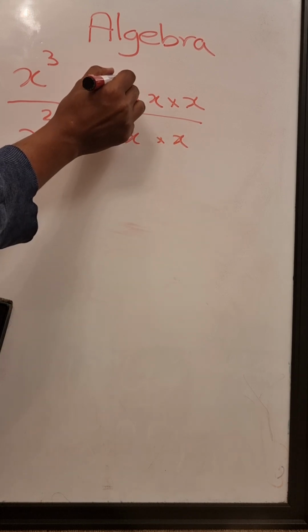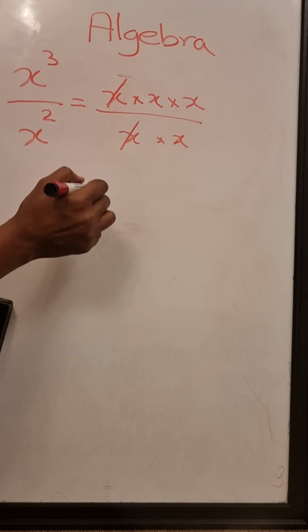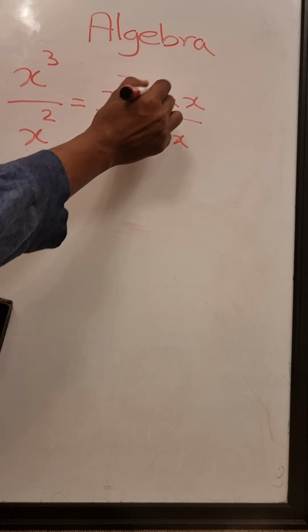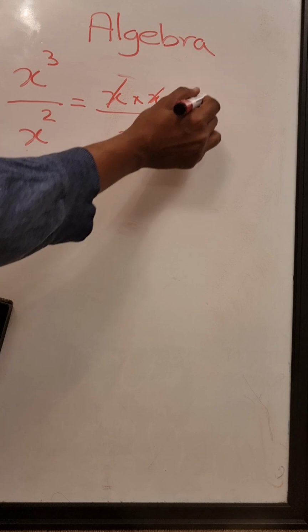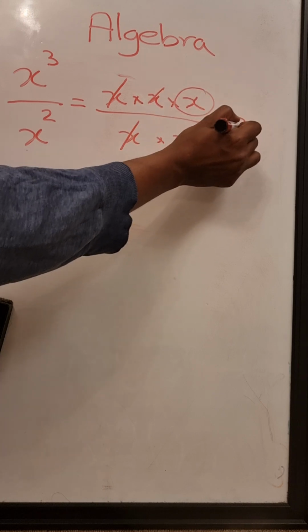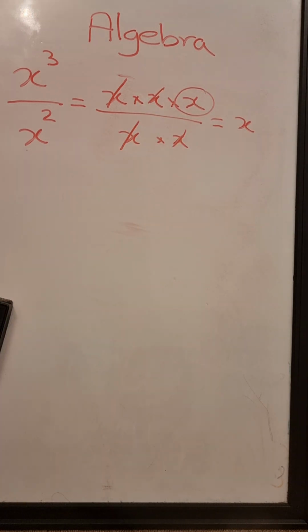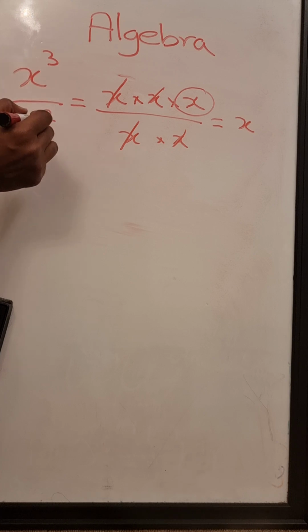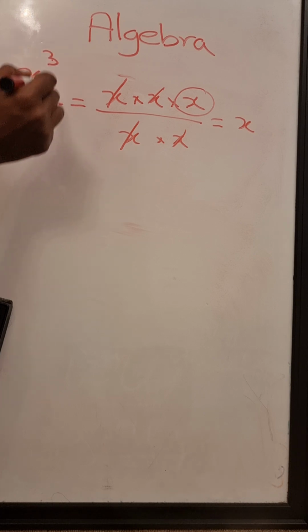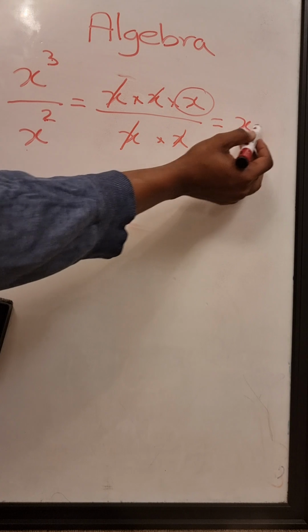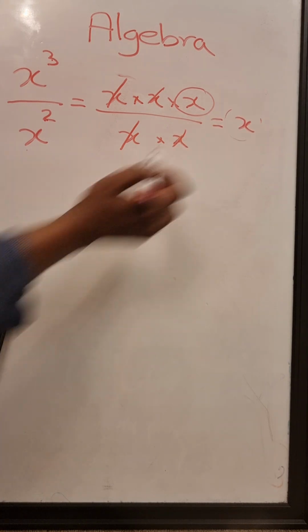We can simplify. x over x is 1 and x over x is 1. We're left with 1x here. Notice that this is opposite to what we did in multiplication. In division, we subtract the powers. So 3 minus 2 is 1. We end up with x to the power 1, which is x.